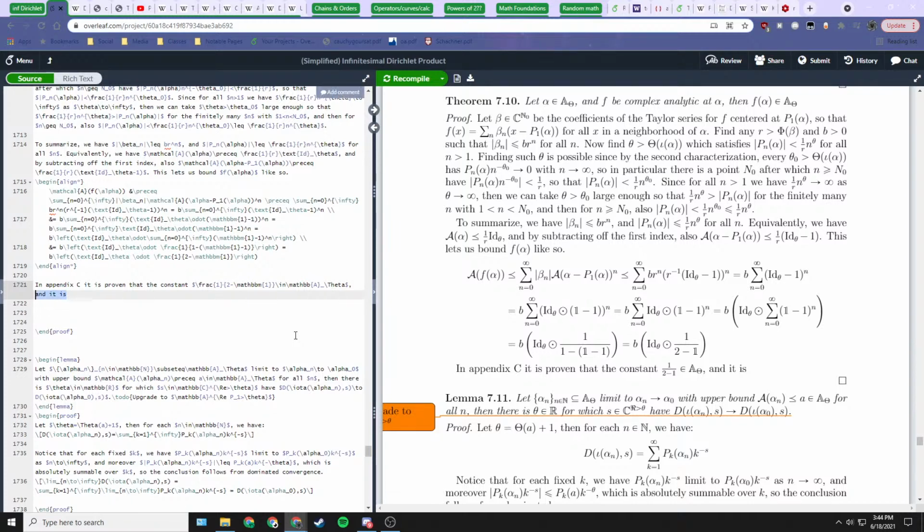Okay, and we also have iota of id sub theta times o dot this 1 over 2 minus bold 1.